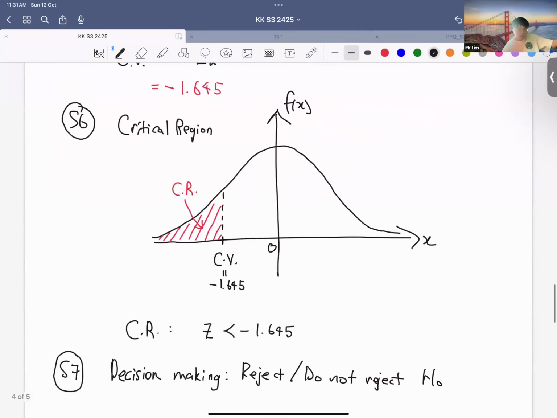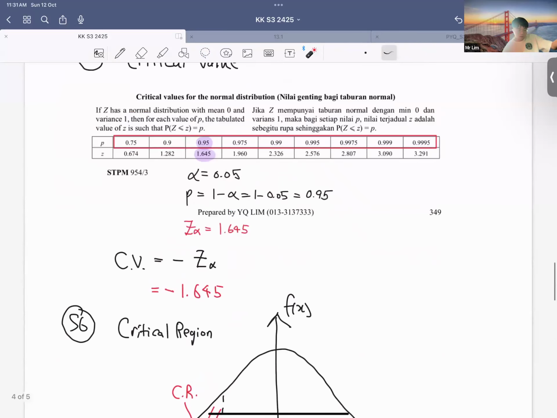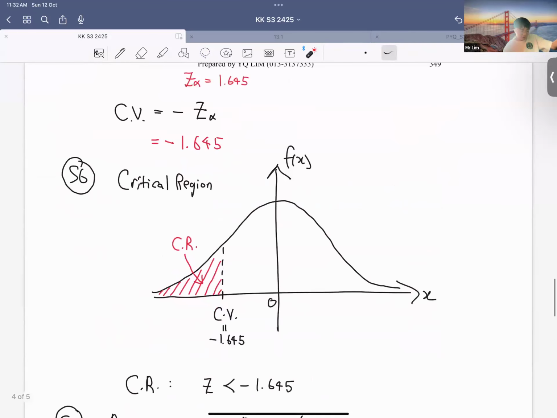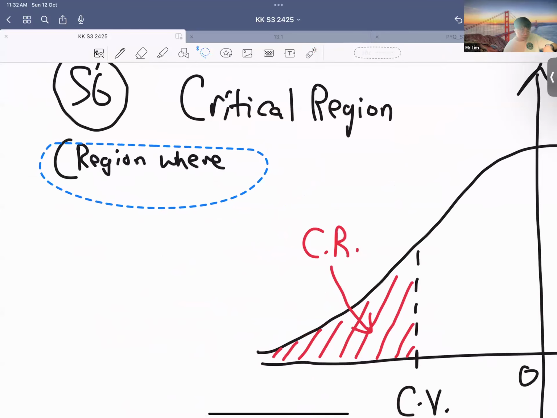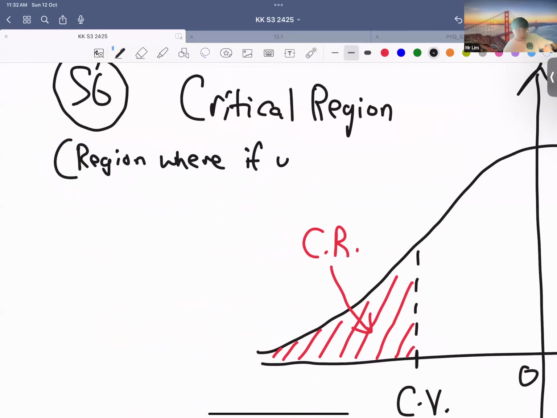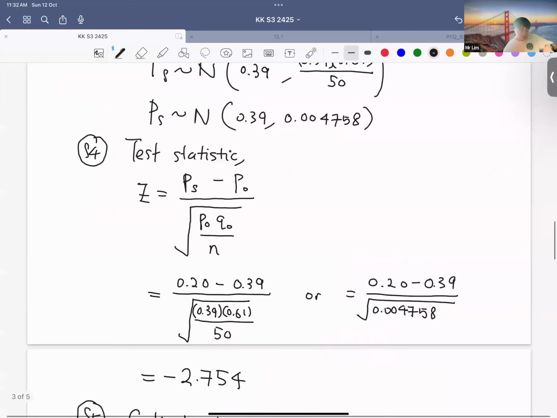It depends on whether your Z lies in this critical region or not. Critical region here, let me bracket it. Region where, if your Z lies in it, then reject H-naught. So let's go back to our Z value in step 4.